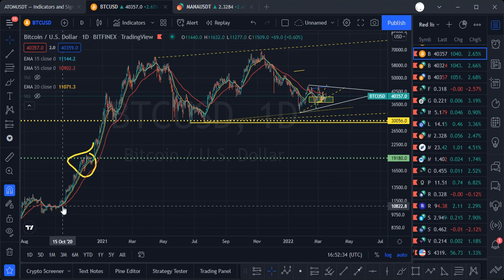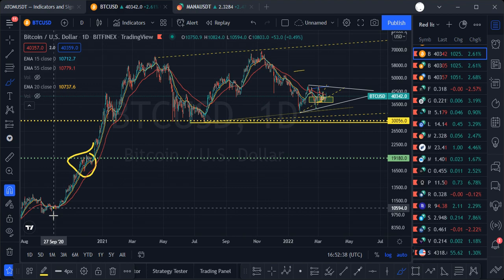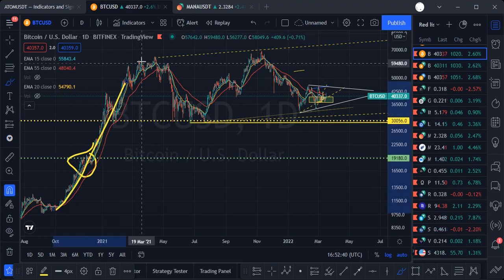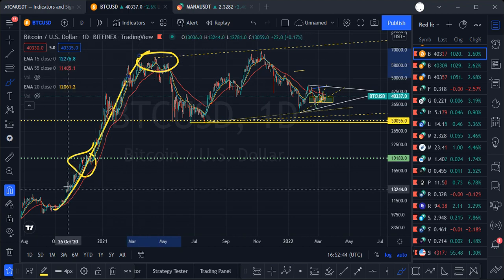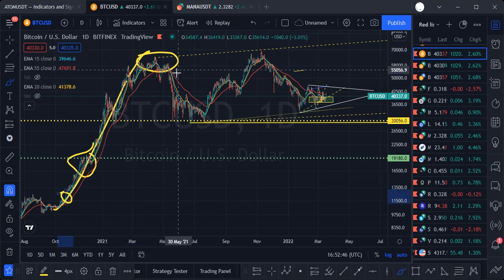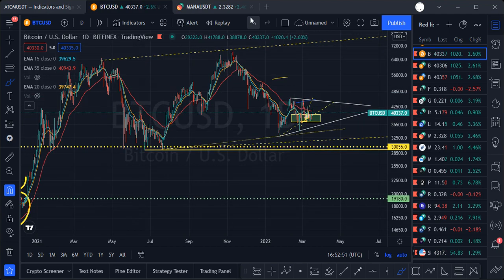Now, what you have there is a broadly symmetrical triangle. Symmetrical triangles appear at times of indecision within the market. People are looking for a decisive move.